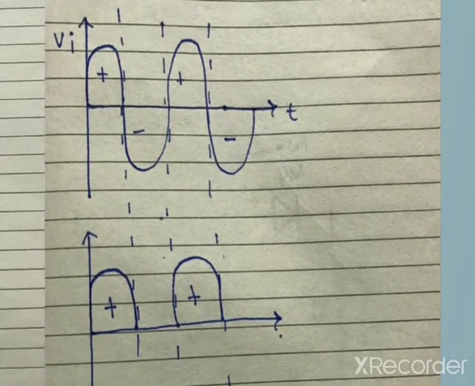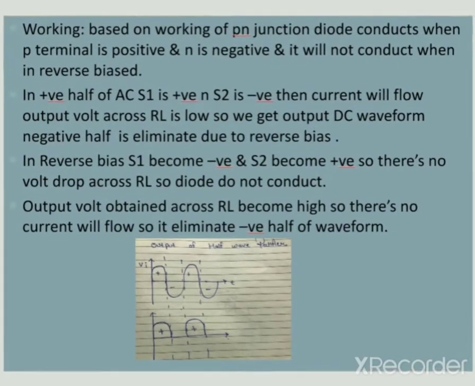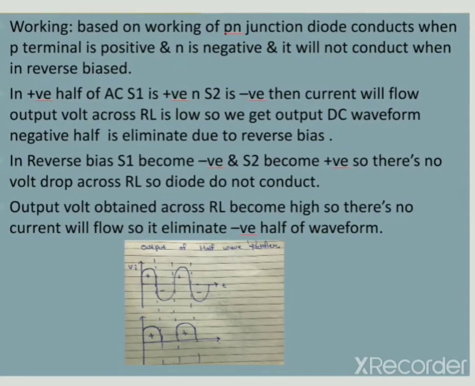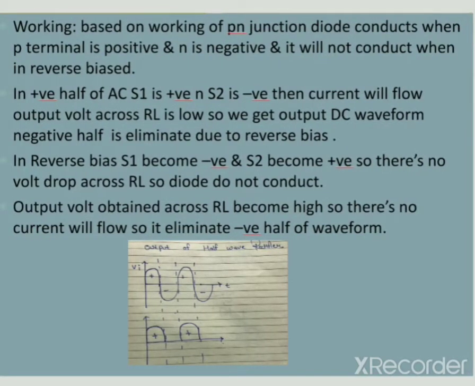Now we can see the working of the half wave rectifier. So here is the theory. It is based on the working of the PN junction diode, which conducts when the P terminal is positive.